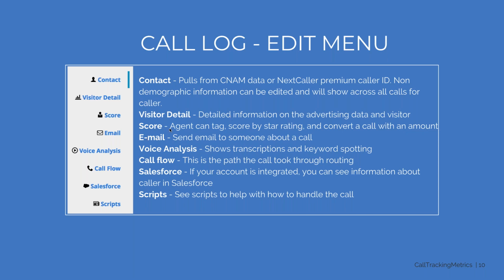We can score the call from here, and this is a way to add a star rating or a conversion amount. We could actually send an email of this call and include things like the transcription and recording of the call. So this is pretty cool for your sales team. So maybe they want to send a follow-up conversation to the person that they just had on the phone and actually include the call that they had with them.